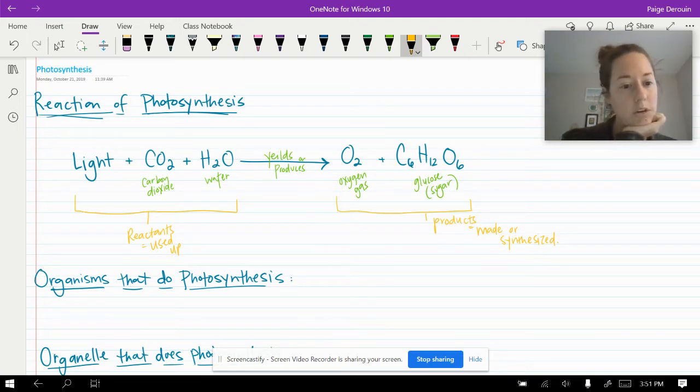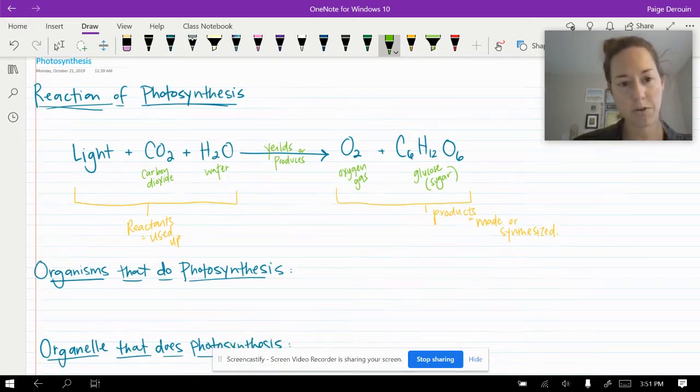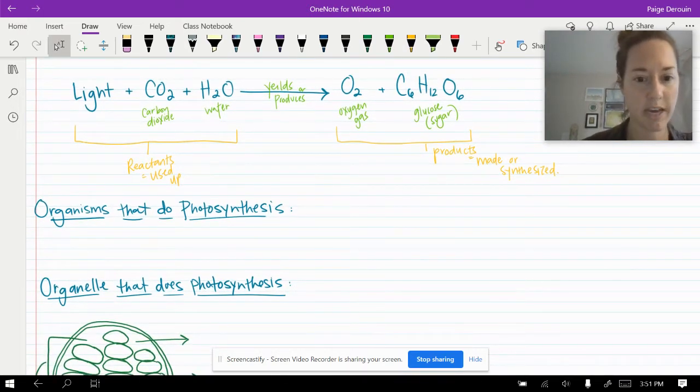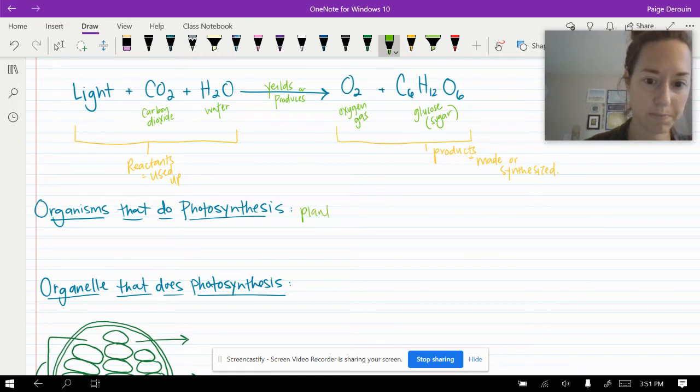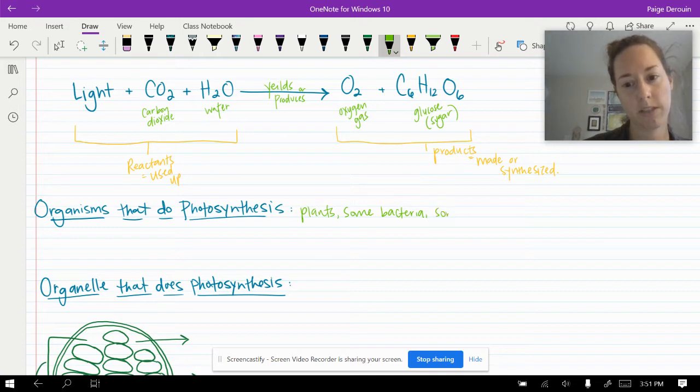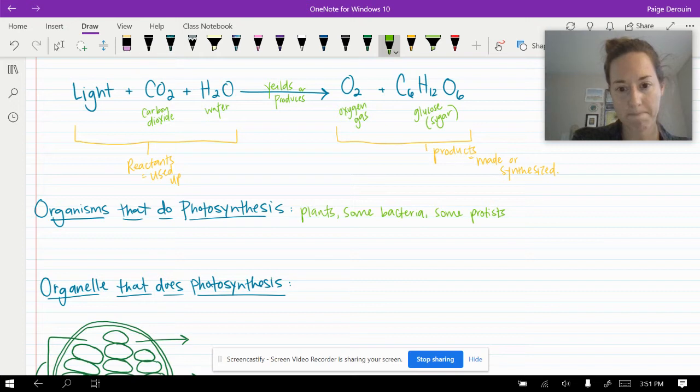Okay, all right. So let's talk about some organisms that do photosynthesis. Obviously, I think all of you will be familiar with the concept that plants do photosynthesis. But there are also some bacteria, some protists, which are unicellular, usually freshwater organisms, that will do photosynthesis also.